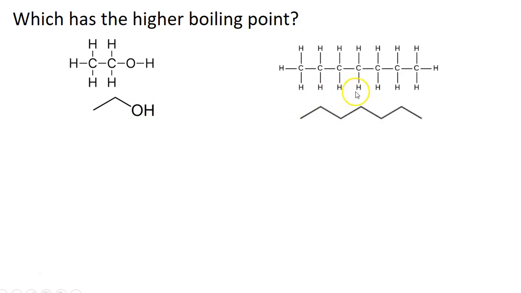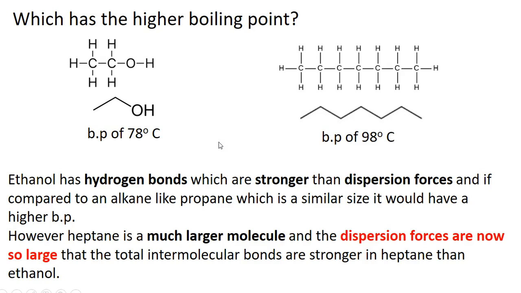But this one is really, really big. So it actually has the higher boiling point because the size is so large that the dispersion forces have become even larger than the effect of this one hydroxyl group. So ethanol has hydrogen bonds.